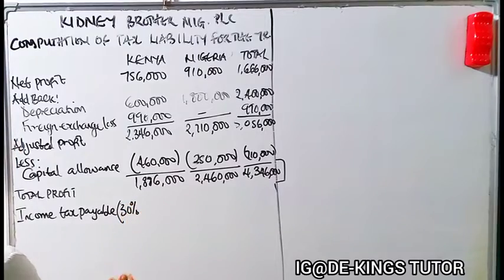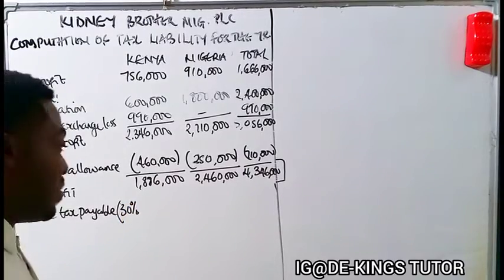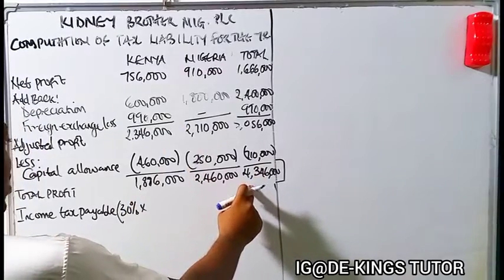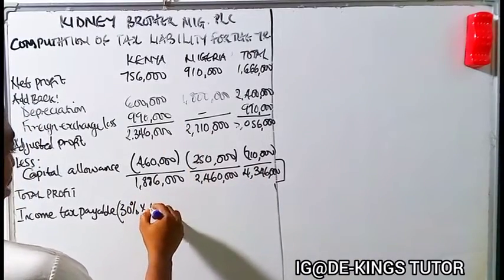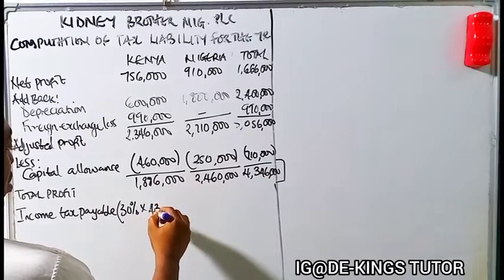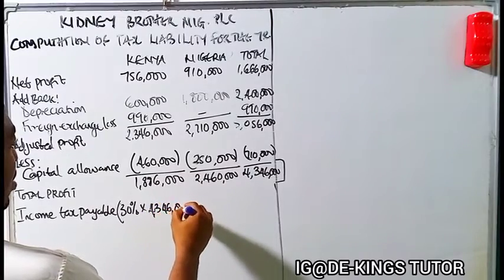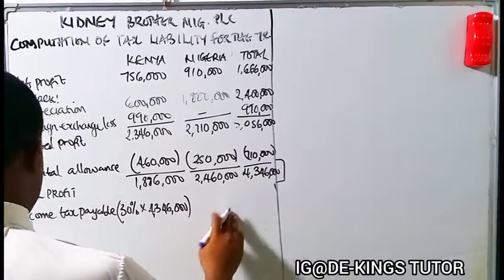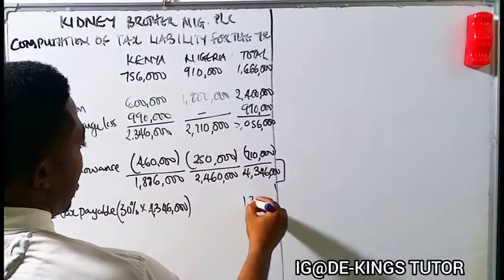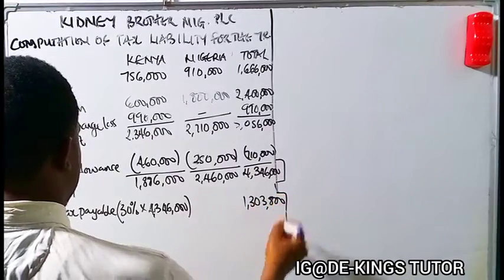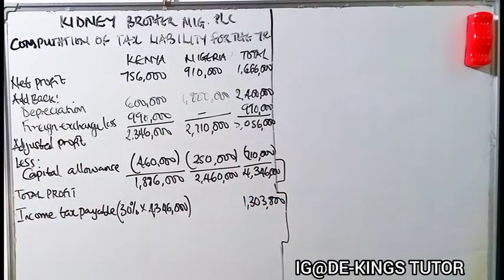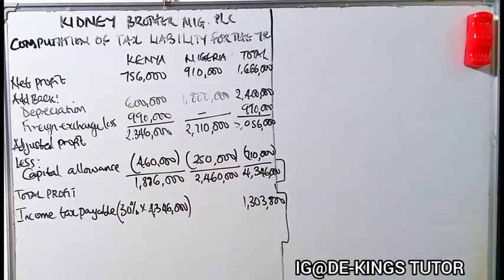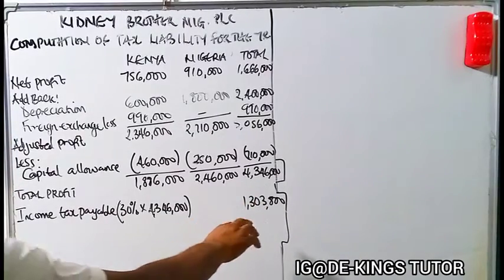The corporate tax for companies is 30% times total income, which is 4,346,000. Okay, so 30% on this will give us 1,303,800. So that's the income tax payable. Now this is what they ought to pay.